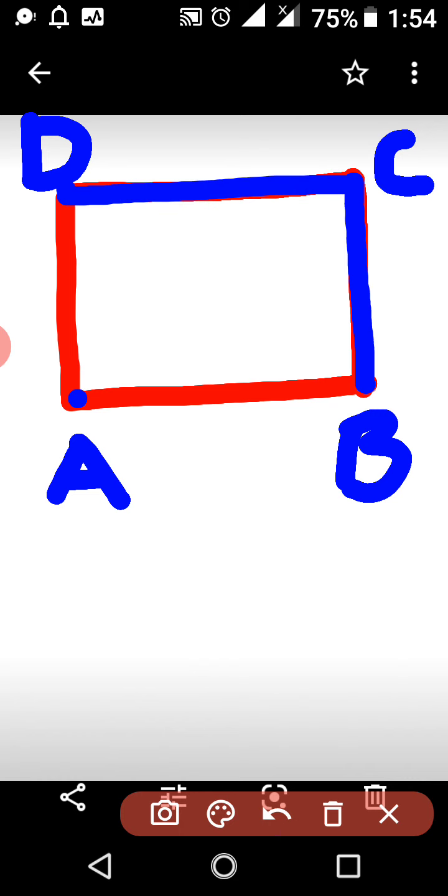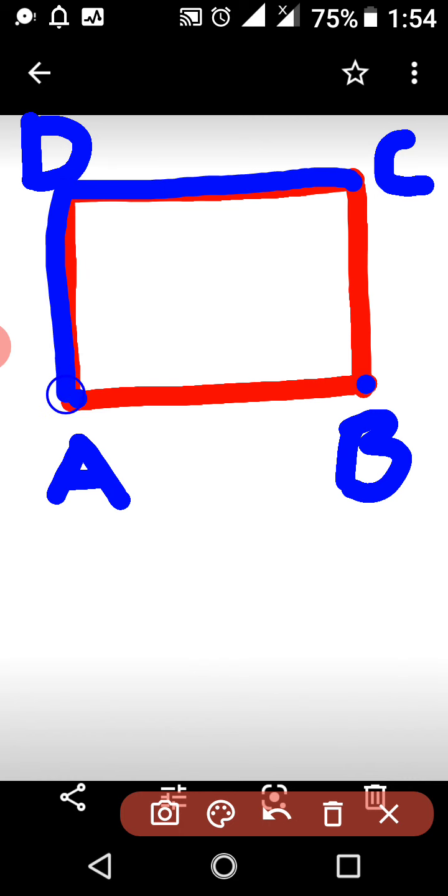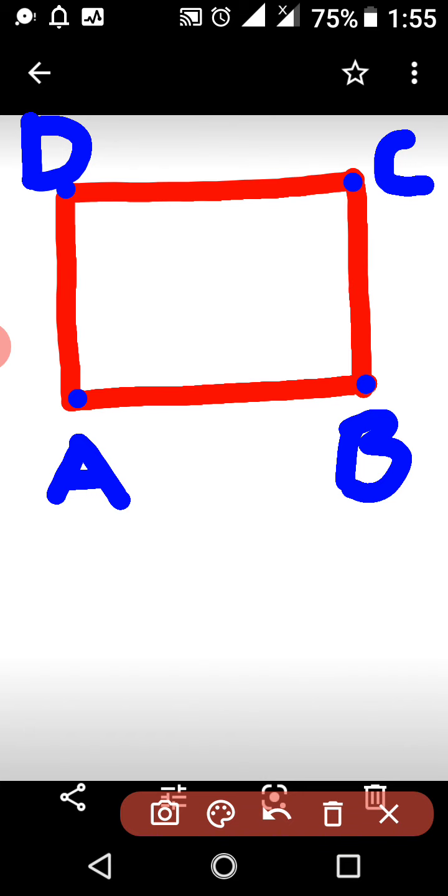CD or DC is also one of the side. For these both the sides, C is a common end point. Then C is also a vertex of the polygon. And if you observe CD and DA, here D is the common vertex for both the adjacent sides. So this is also vertex for the given polygon.